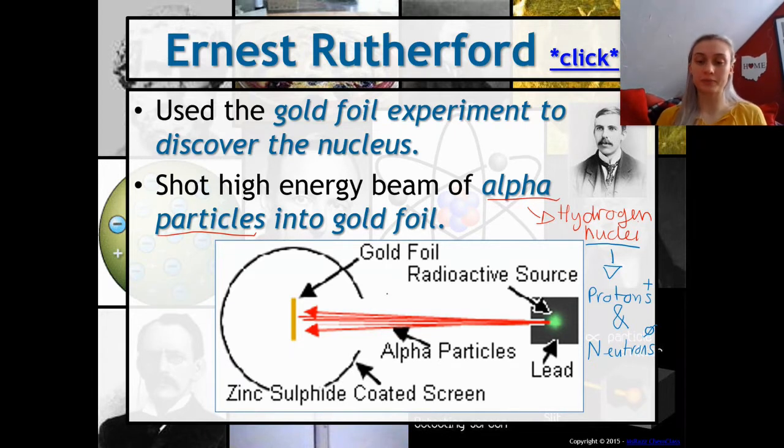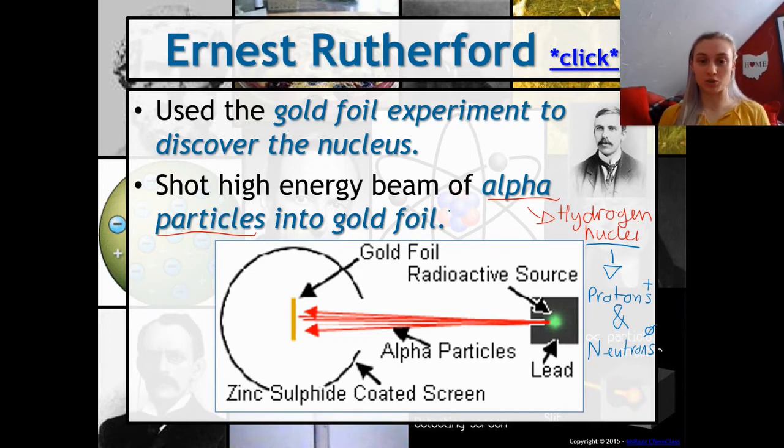So I'm putting a 0 there because they don't have a charge. So he's shooting these alpha particles, which are these hydrogen nuclei of protons and neutrons. So we know the alpha particles are going to be positive because they have positive protons and neutral neutrons, which don't contribute to the charge at all. So we're going to have an overall positive particle here, right? So he's shooting these positive alpha particles at the gold foil.